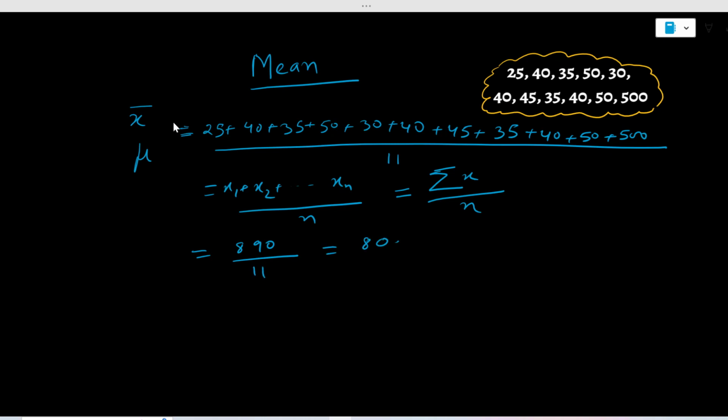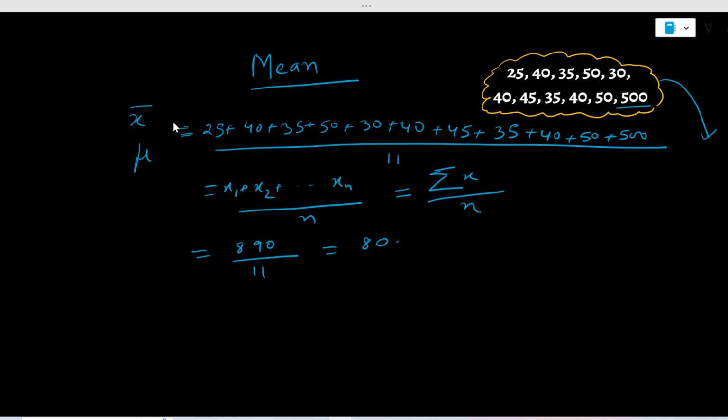Now let's understand if mean here correctly indicates or represents the central value of data. If we look at the data closely, do we find any value which is near to 80? No, but it is due to this 500 value our mean is getting influenced, right?